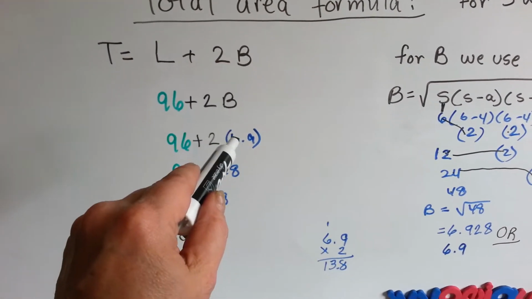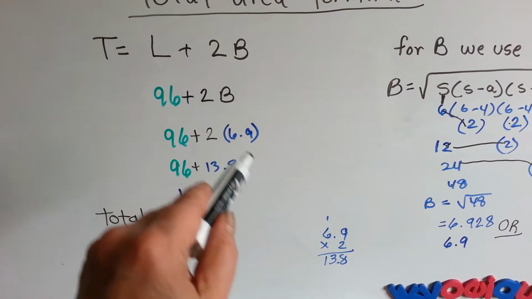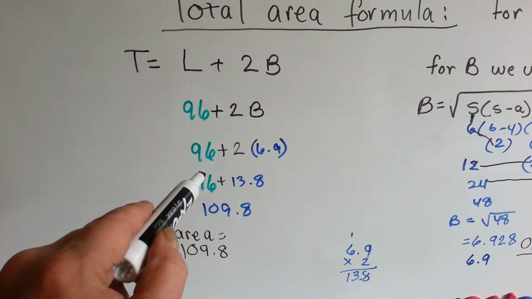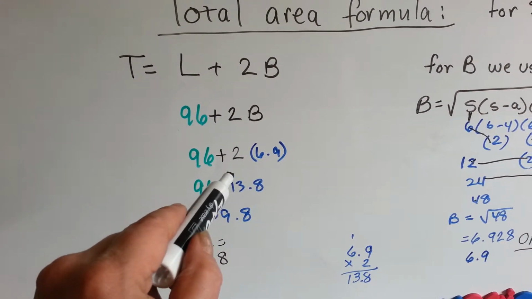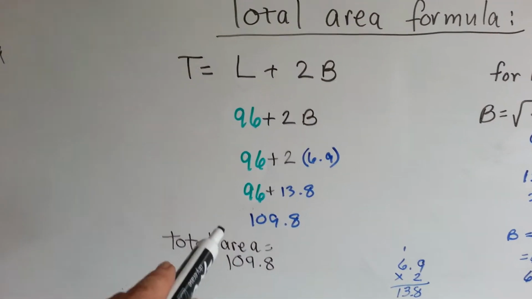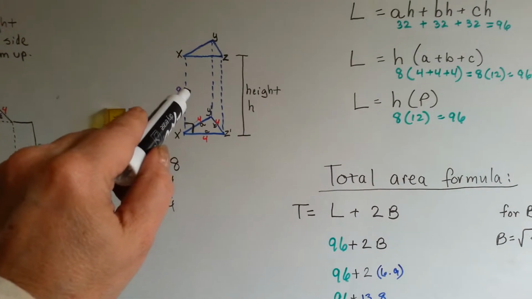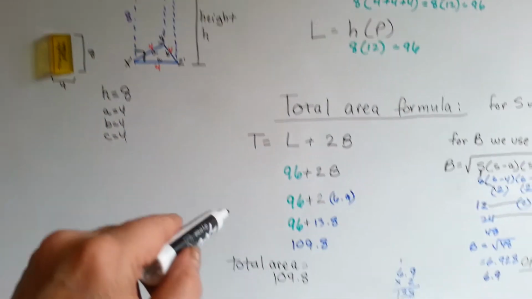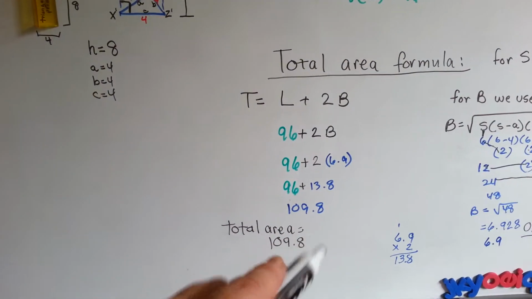If B is 6.9, we need to multiply it by 2, don't we? 6.9 times 2 is 13.8. So now all we have to do is add 96 plus 13.8, and we know that it's 109.8. So the total area of this triangular prism, sides and top and bottom, base, everything, is 109.8.